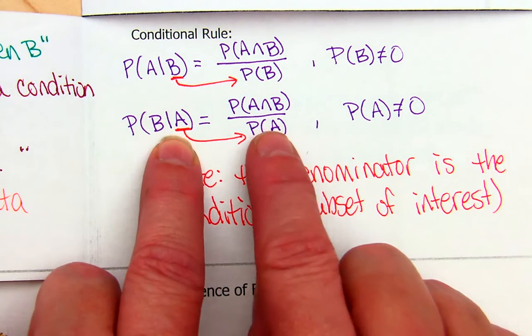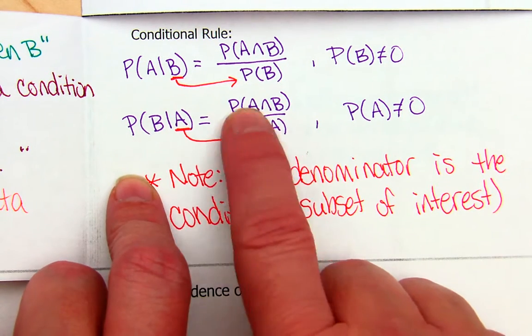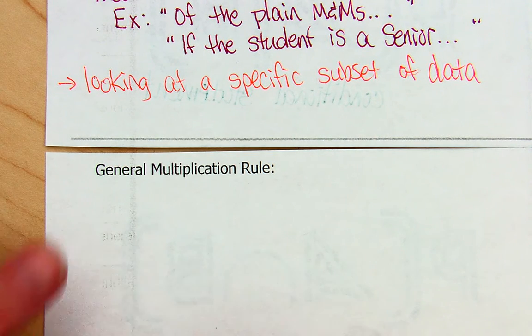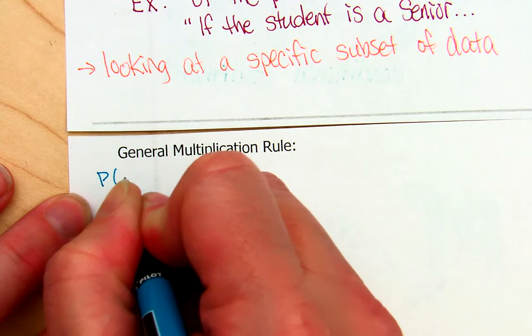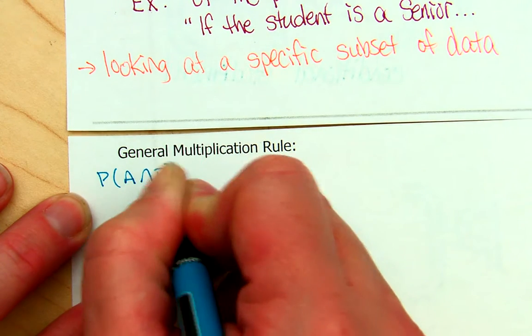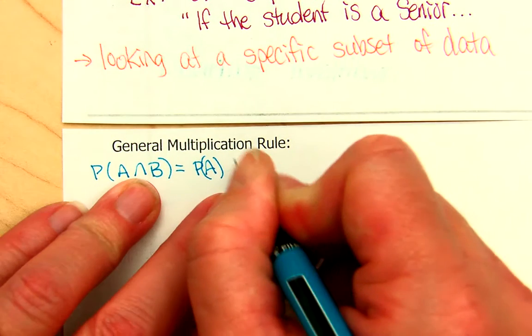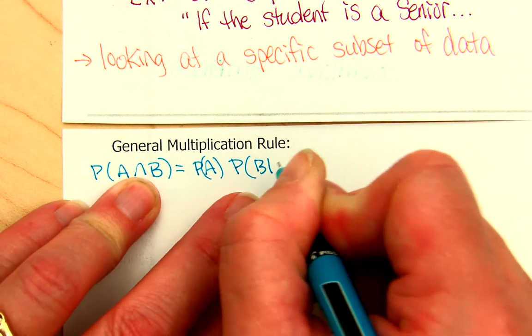Same thing down here. I can take this, multiply it to the other side, I get the numerator. So that's how we come up with this general multiplication rule, is just from that conditional rule. So this one says probability of A and B is probability of A times probability of B given A.